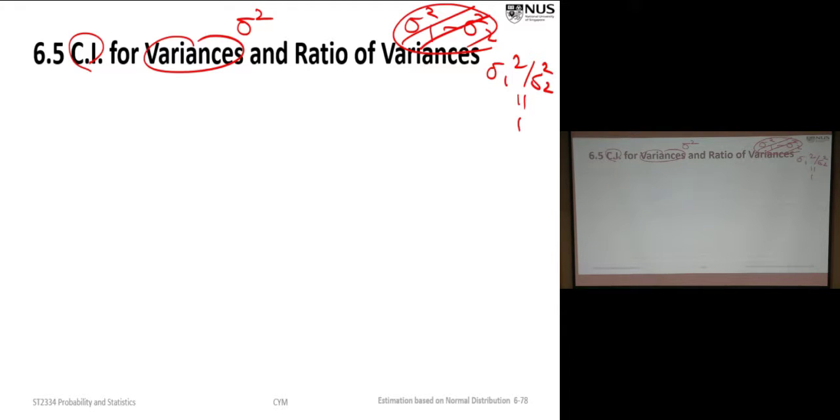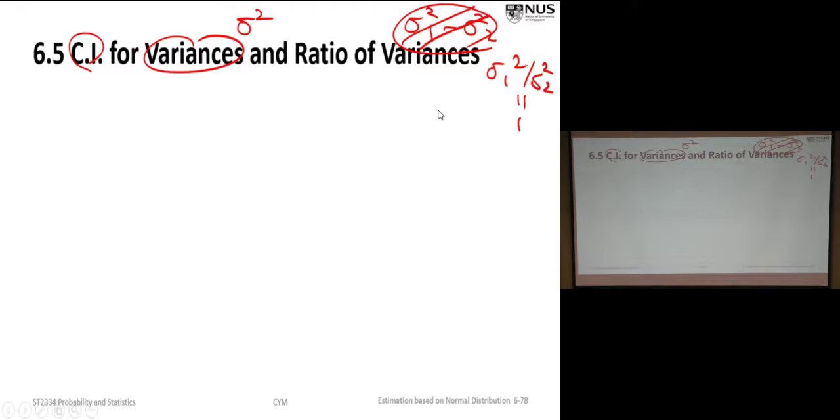If the ratio equals 1, that means sigma 1 square equals sigma 2 square. So there are two ways to do it. One is to look at the difference: if the difference equals 0, they're equal. The second way is to look at the ratio of the two: if the ratio equals 1, they're equal.